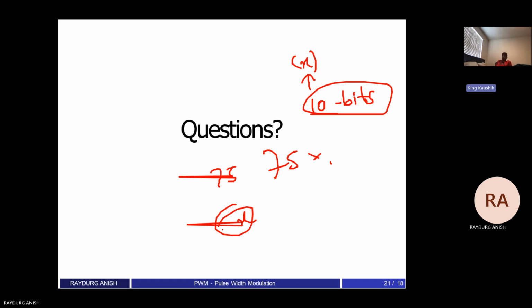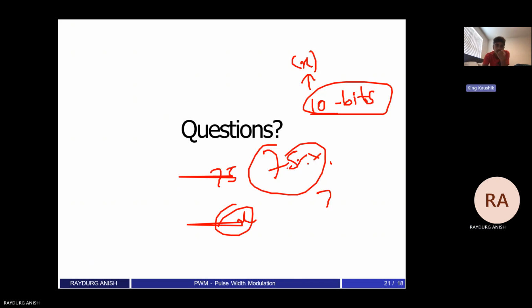So 2 to the power of 10 is 1024, so the maximum is 1023. It's a little bit tricky.